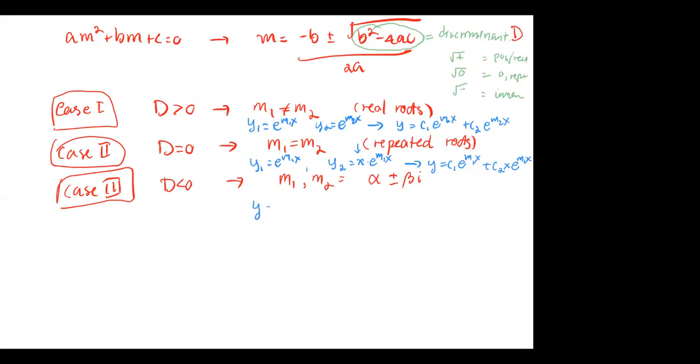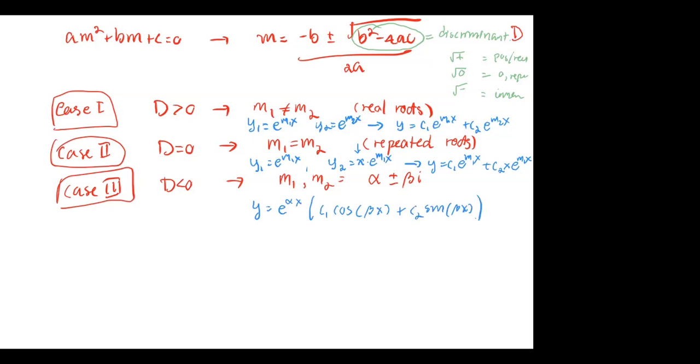y as c1 y1 plus c2 y2. After you use the Euler formula to simplify, to clean up the terms, I can help you during office hours to show how to get to the finished form here. So the finished form of the solution in case 3 will be y equals e to the real part, which is alpha, times x, multiplied by c1 cosine beta x plus c2 sine beta x.